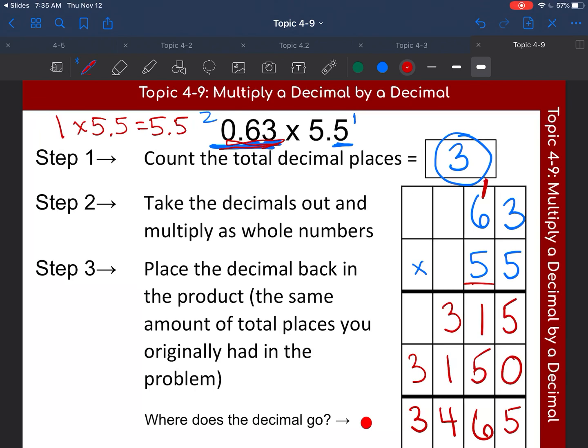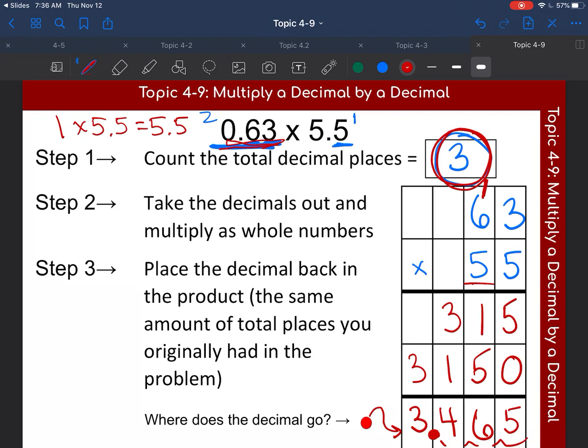That doesn't seem anywhere close to 5 and 5 tenths. So we know it has to be close to 5 and 5 tenths, and it has to have 3 decimal places. Where should the decimal place go? It should go between the 3 and the 4, making it 3 and 465 thousandths. That's pretty close to 5 and 5 tenths, I would say. So you can drag that decimal where you need it to go.